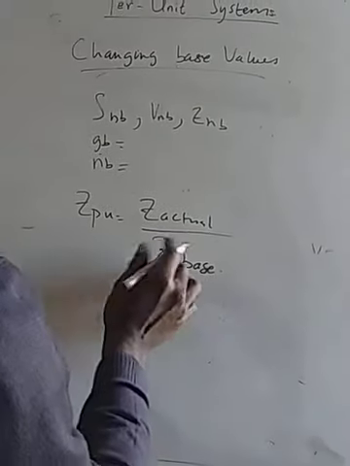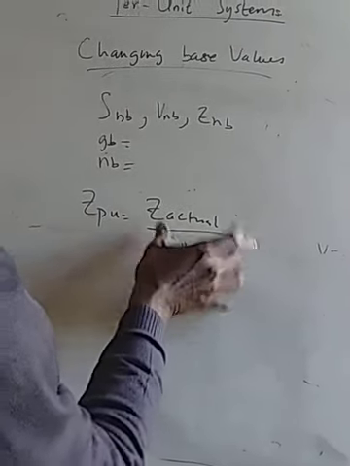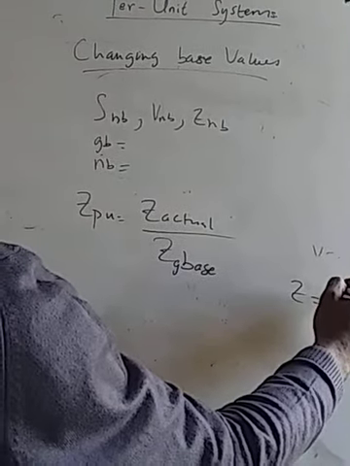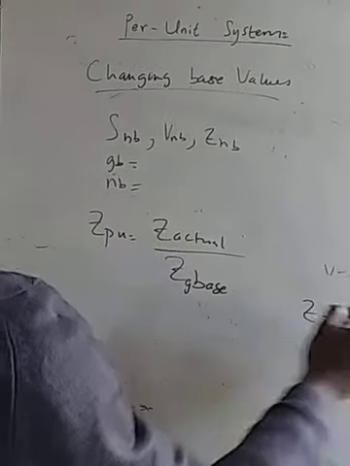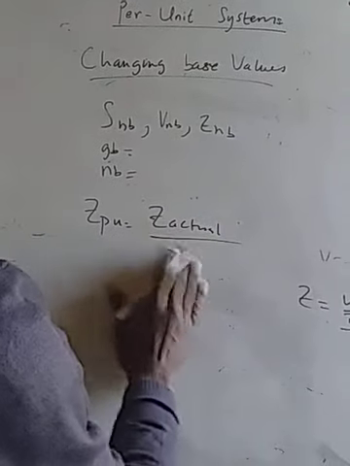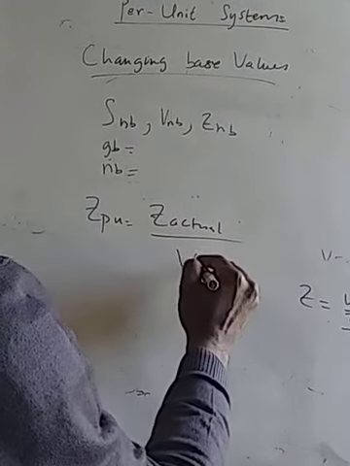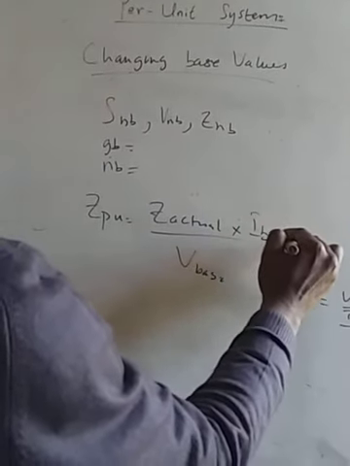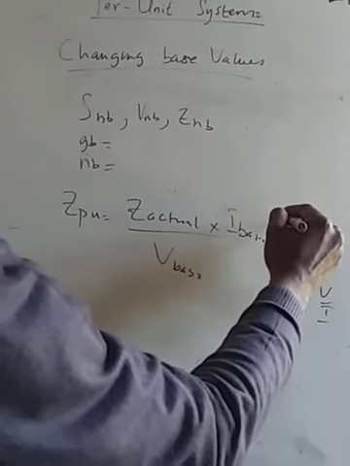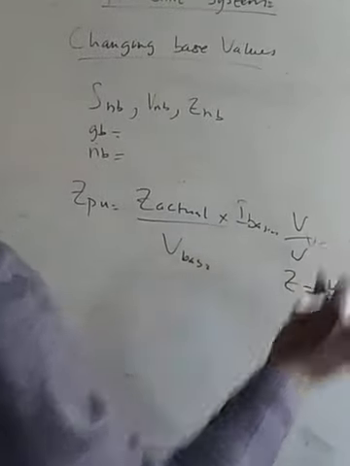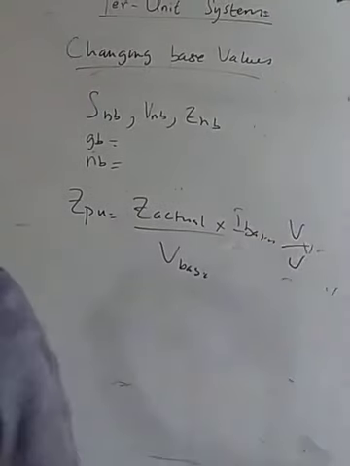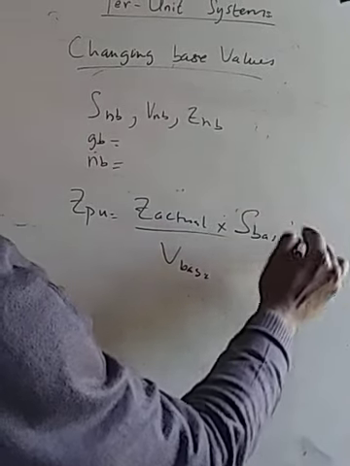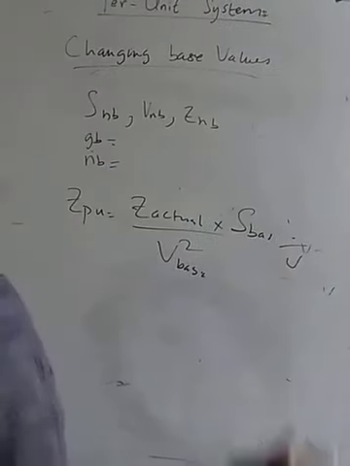When we found Z to be V over I, which is equal to V base by I base, if you remember, I multiply by V and divide by V, and this gives us S base, and this gives us V square base, if you remember.